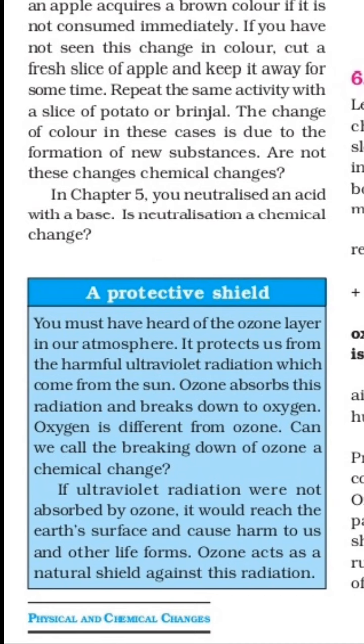Suppose the ozone layer was not there, what would happen? These ultraviolet radiations would reach the earth's surface and cause harm to us and other life forms. Suppose ultraviolet radiation comes to the earth, what will happen?